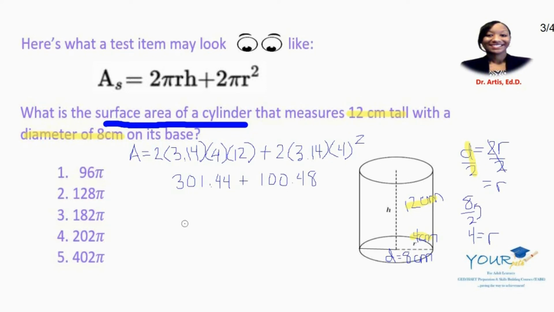We add these two values together, and we get 401.92. Okay, and we can round this value up to 402 centimeters.